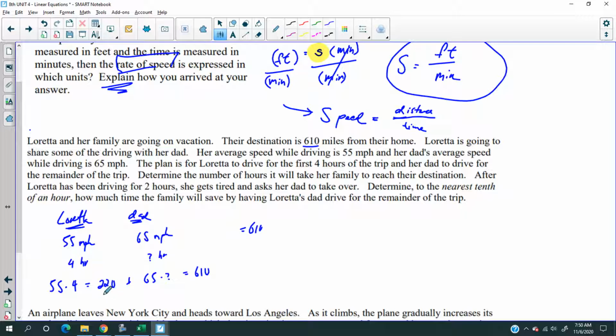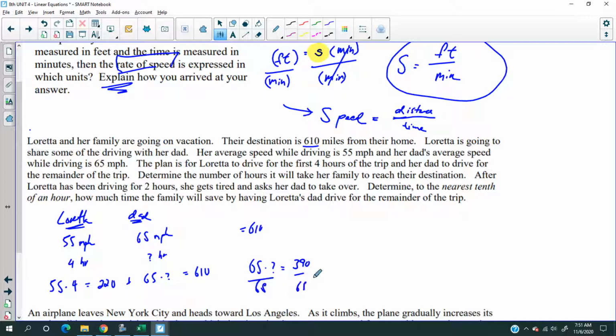So I'm going to subtract 220 from 610. So 65 times what will give you 610 minus 220? Oh my God, I just realized I'm literally just going over the questions with you without letting you try it. You can try the next one, okay? All right, 390. So I have to divide both of them by 65.